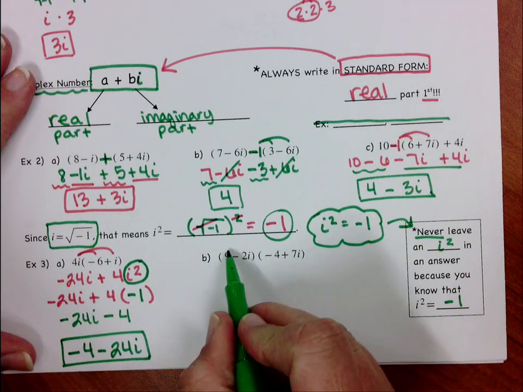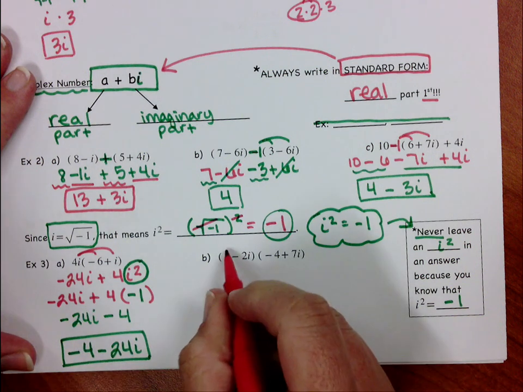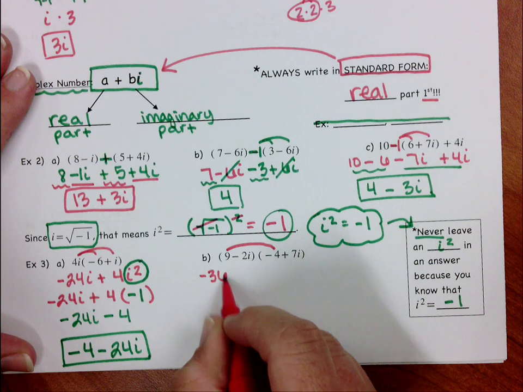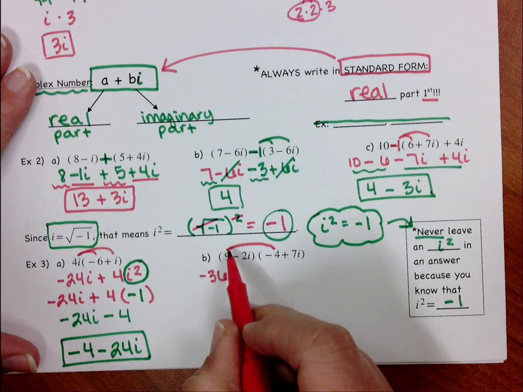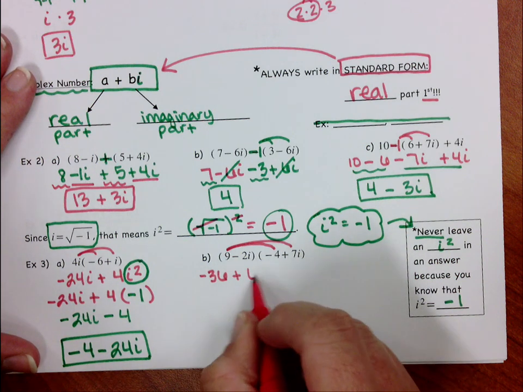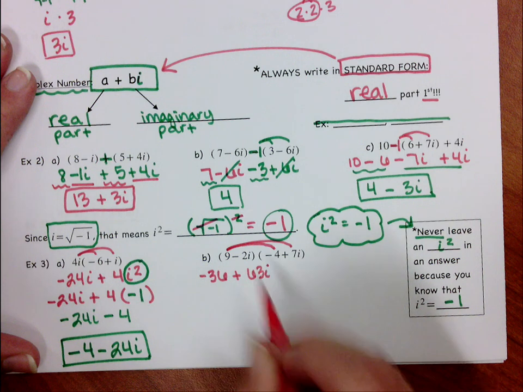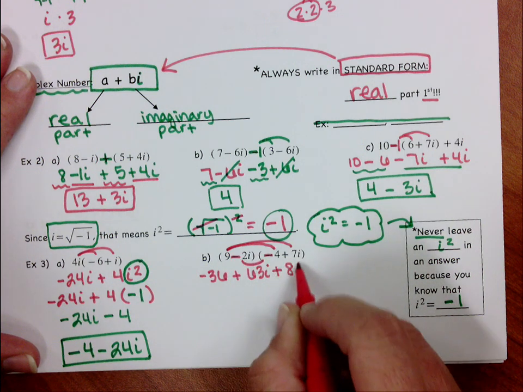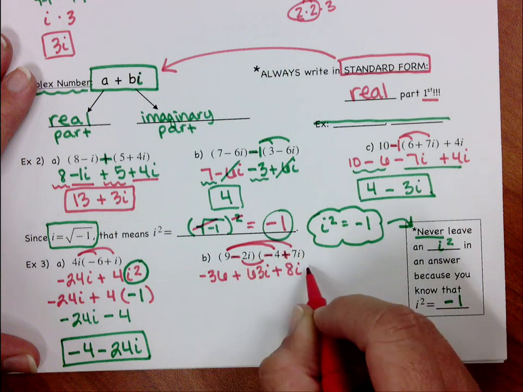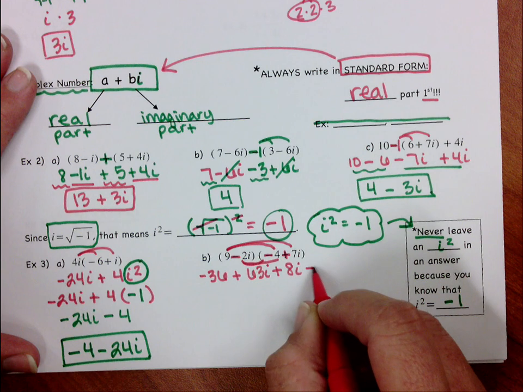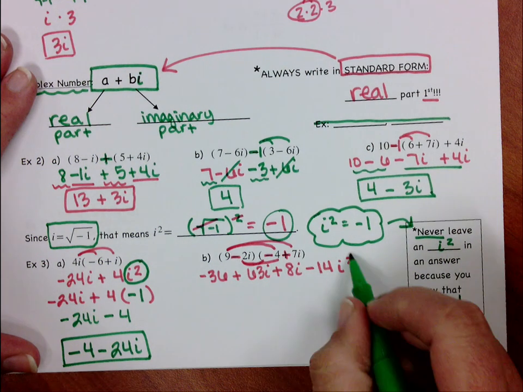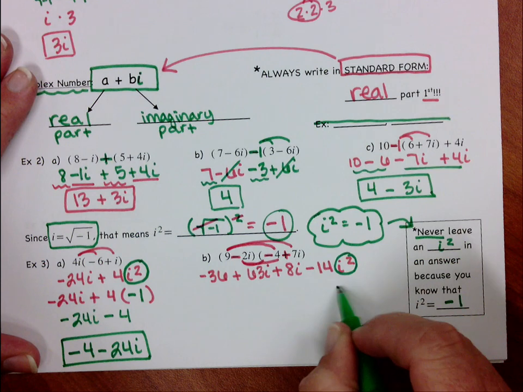Same thing here. We're going to double distribute. So 9 times 4 is negative 36. 9 times 7 is positive 63i. And do it again. Negative 2i times negative 4 is positive 8i. And negative 2i times positive 7i is negative 14i squared. That is really negative 1.